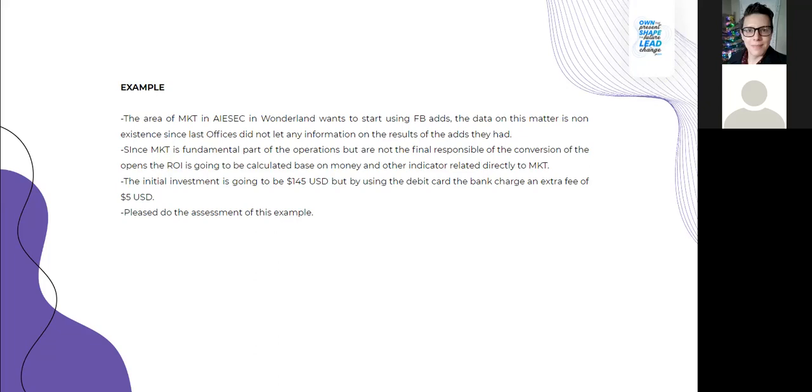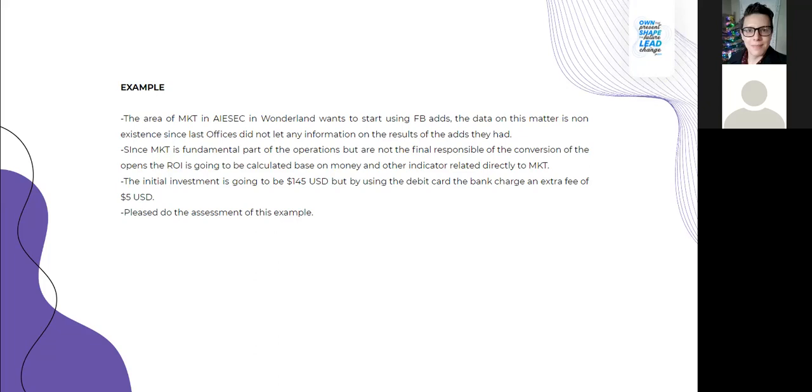So the area of marketing in AIESEC in Wonderland wants to start using Facebook ads. The data on this matter is non-existent since the last office did not leave any information of the results of the ads they had. So the first thing we see is that they want to experiment with ads, even though they don't have information of this, because no one has data of the past investments.